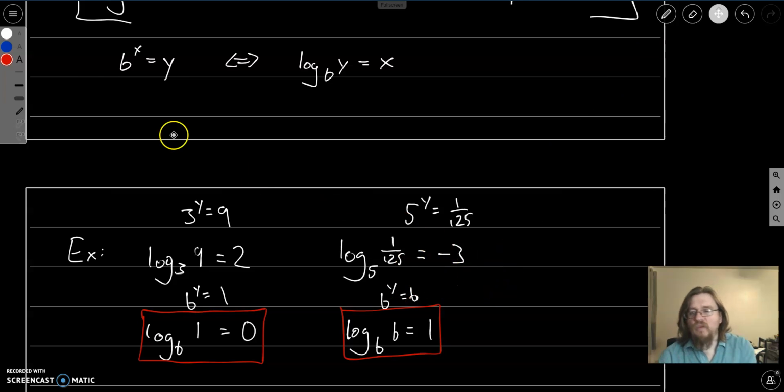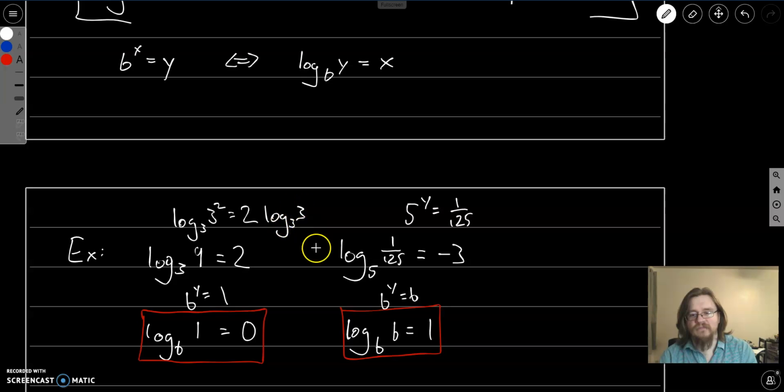And one thing that you'll notice is, let's look at this one over here, for instance. 9 is in fact 3 squared, which is how we know that this answer is 2. So if I take log base 3 of 3 squared, what you'll notice is that this is going to be 2 times log base 3 of 3.